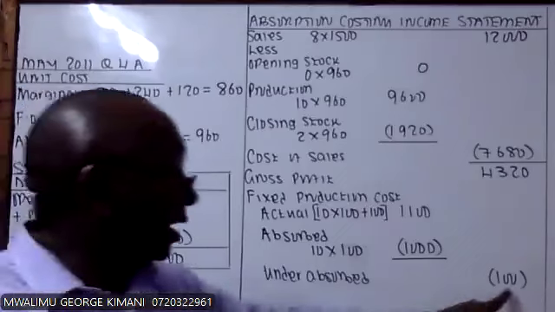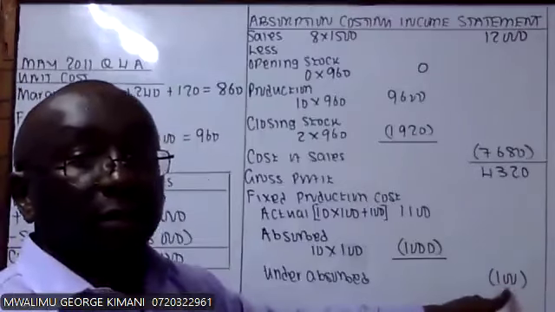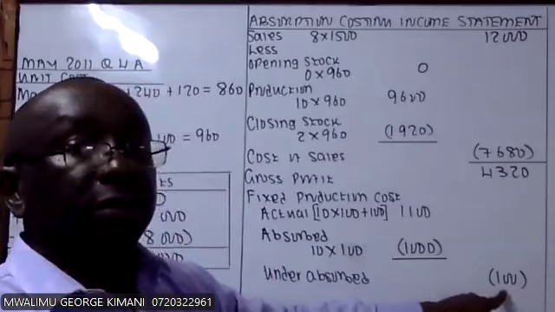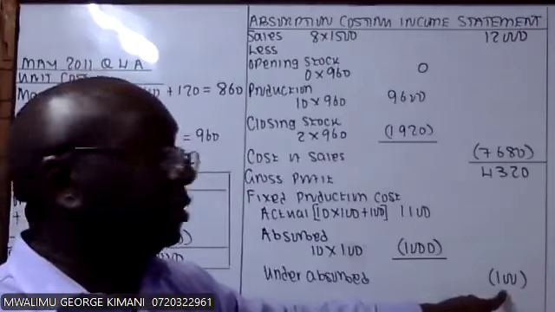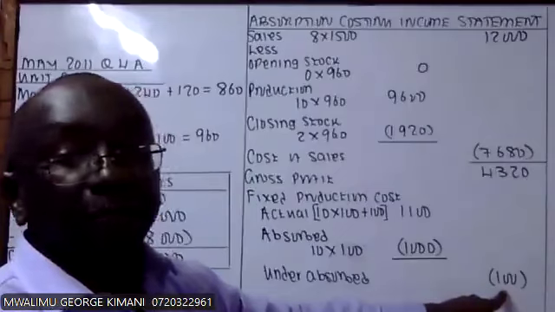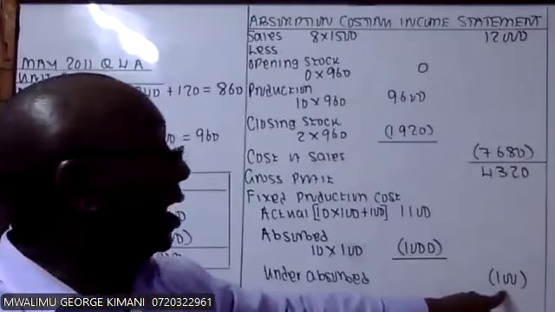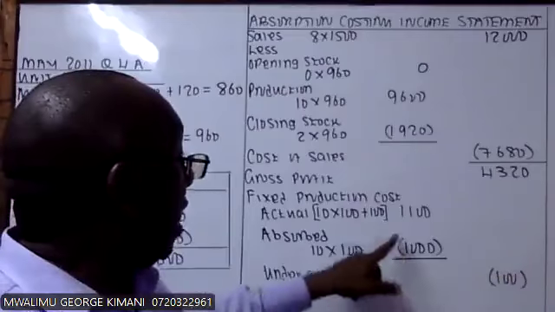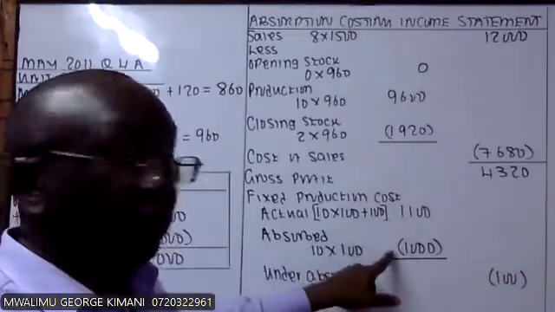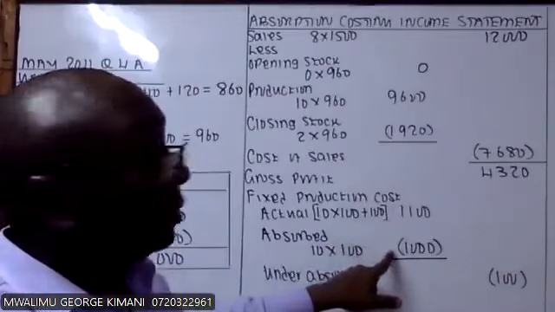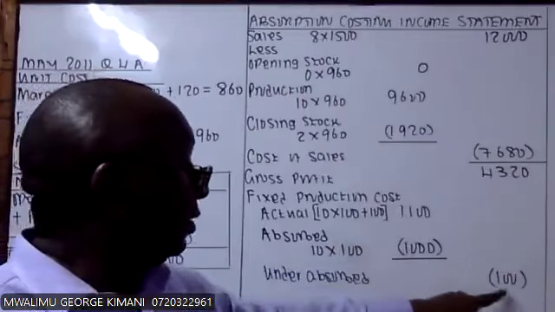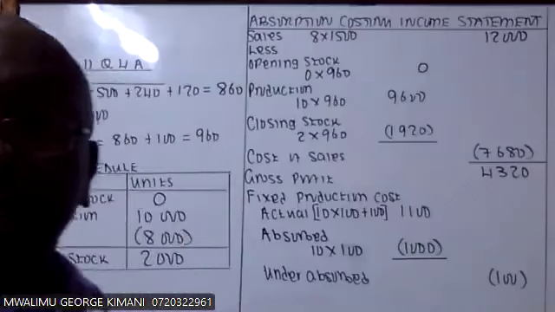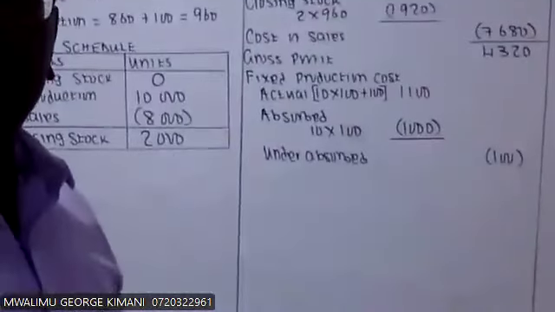The negative is here. This is where we have the negative, because the adverse is always a comparison between the actual and the expected or the absorbed. So the difference, the only negative. Is that okay?